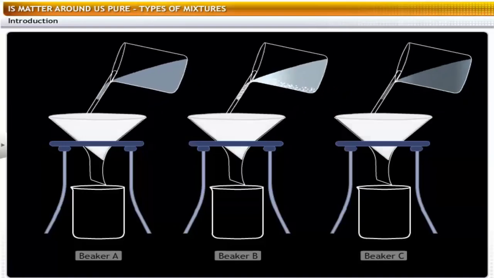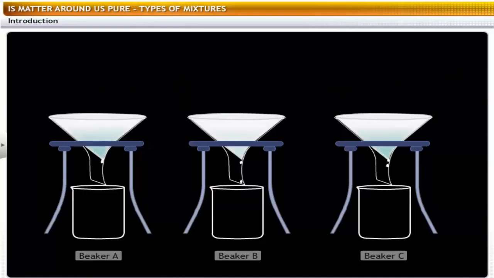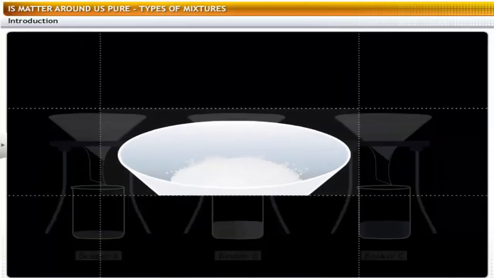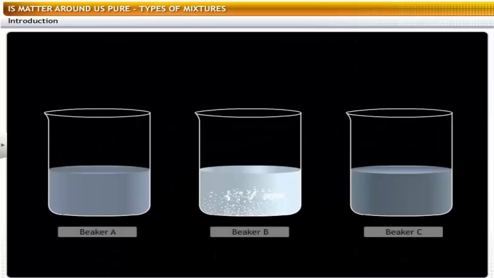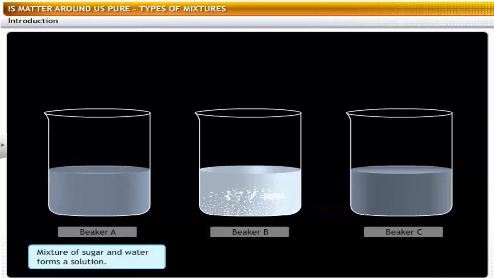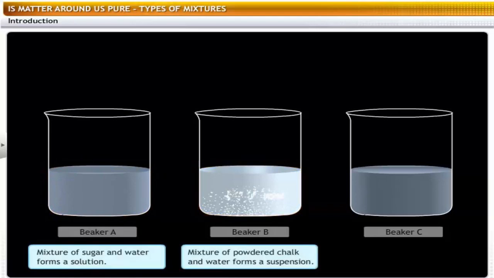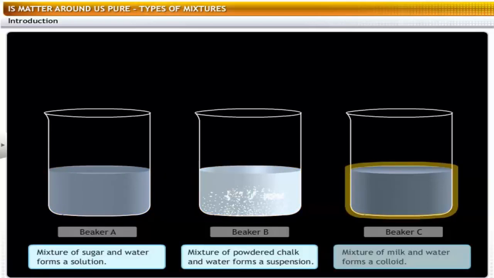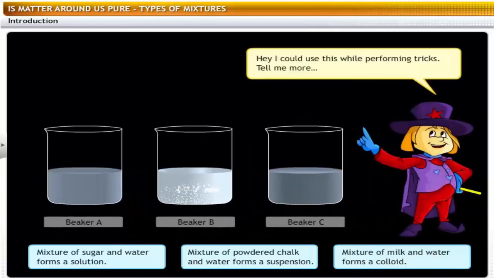Now, filter each of the mixtures. You will find a residue on the filter paper for beaker B. The mixtures in the beakers are of 3 distinct types. The mixture in A is a solution, in B is a suspension, and in C is a colloid.